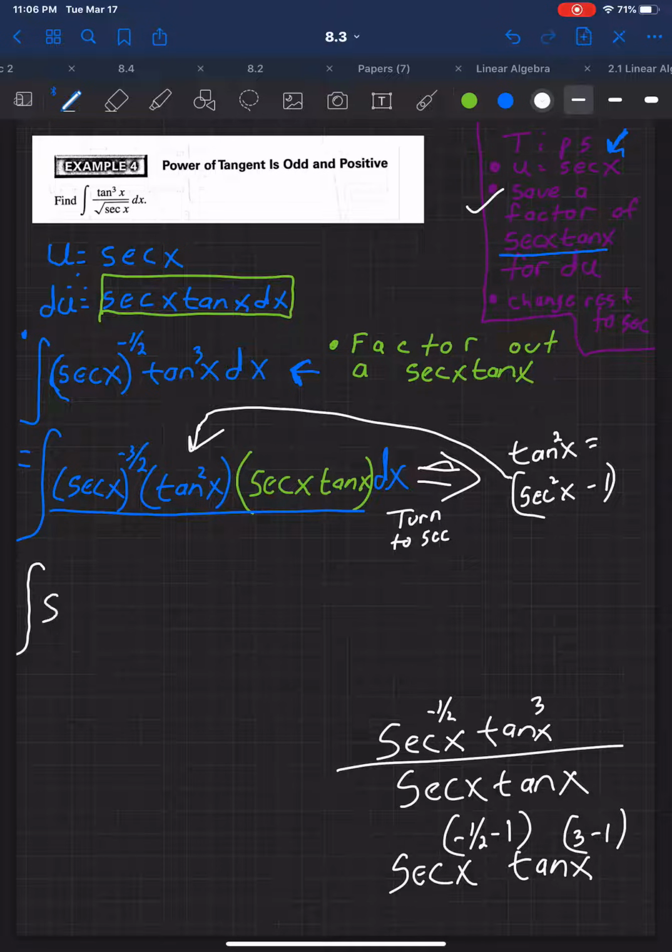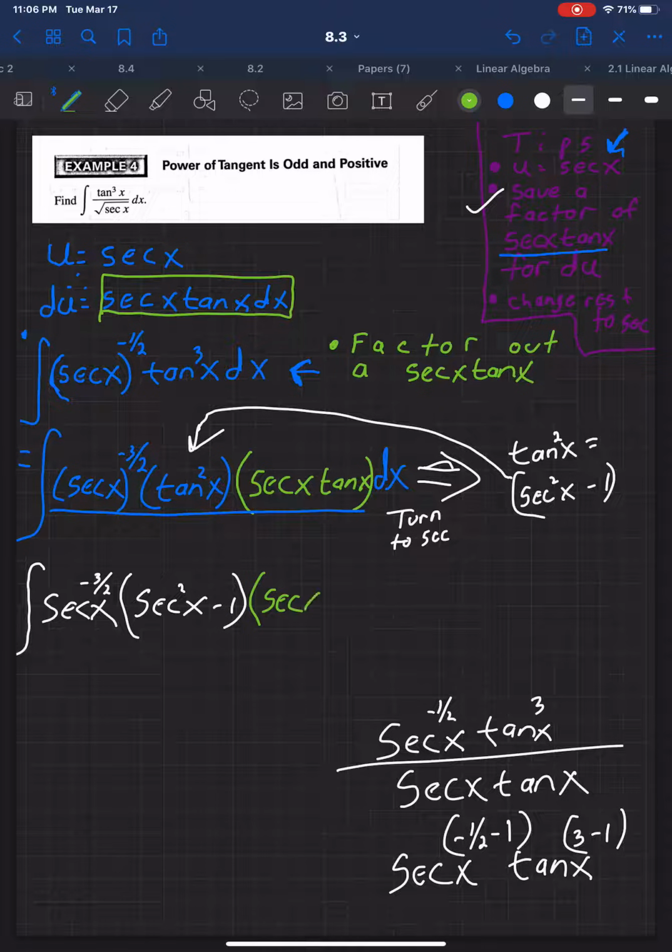So that leaves me with secant to the negative 3/2 times secant squared x minus 1. Okay, so life is good, and I still have my secant x tangent of x left over.